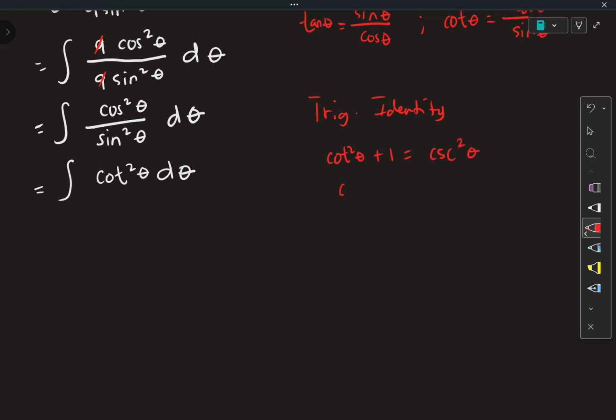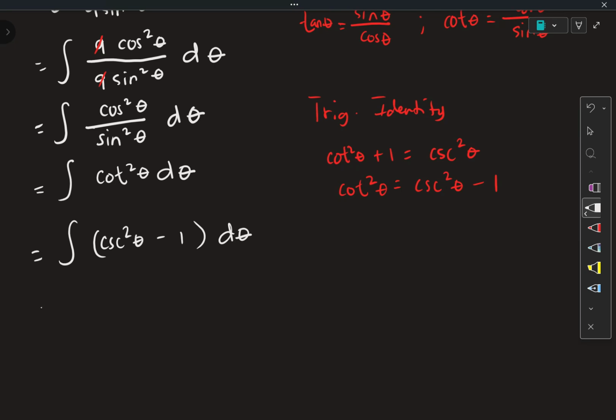Therefore, cotangent squared theta becomes cosecant squared theta minus 1. Substituting that in our given, we have the integral of cosecant squared theta minus 1 d theta.